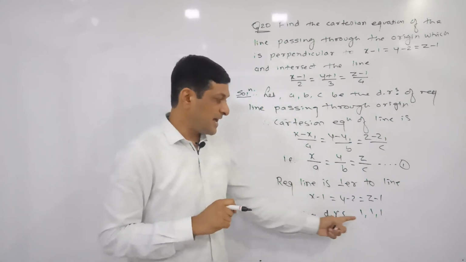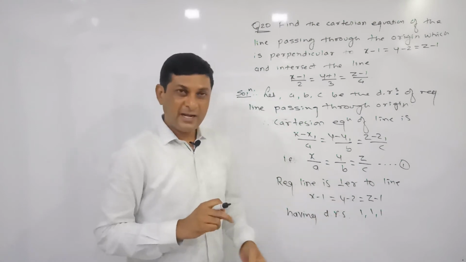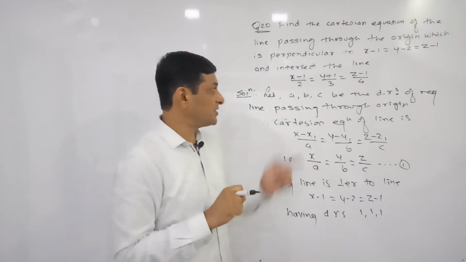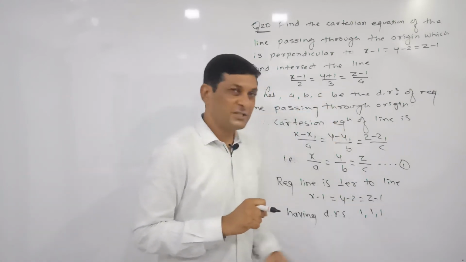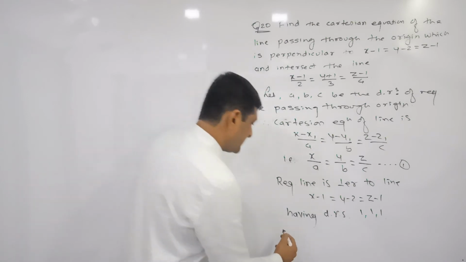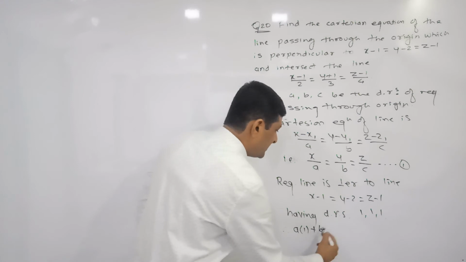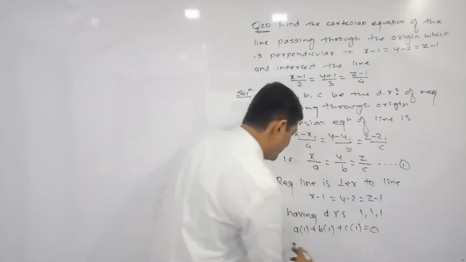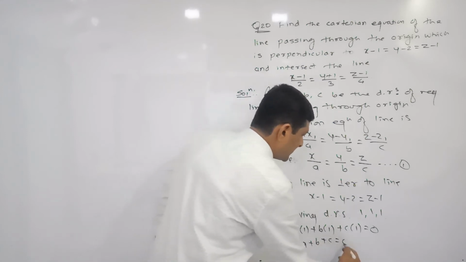A, B, C. These two lines are perpendicular, and we know that if two lines are perpendicular, the direction ratios satisfy the condition A1 A2 plus B1 B2 plus C1 C2 is equal to 0. Therefore A into 1 plus B into 1 plus C into 1 is equal to 0, which implies A plus B plus C is equal to 0.